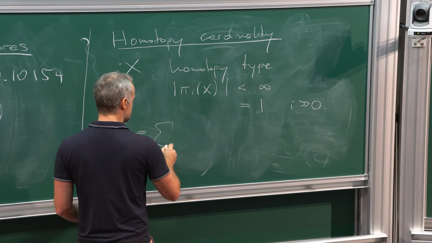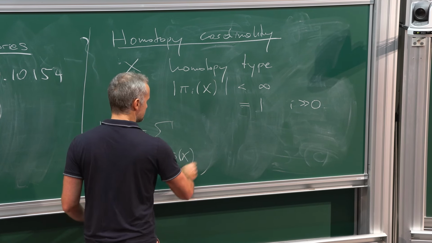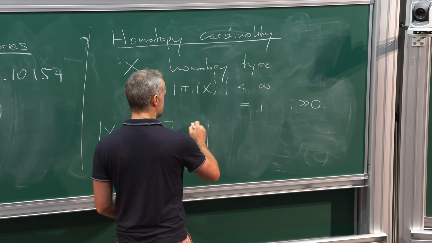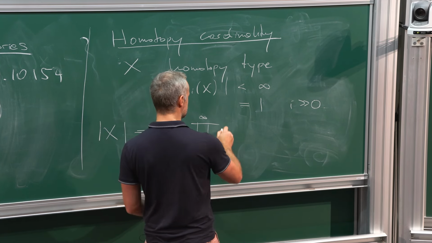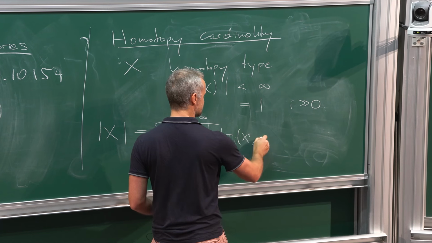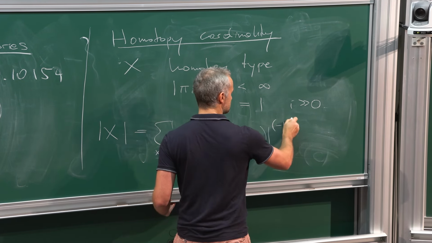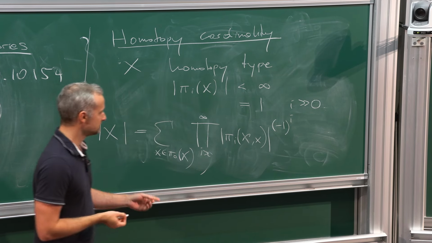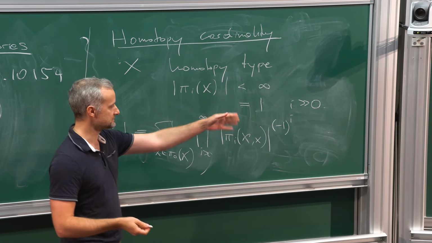where you take a weighted sum over connected components, and then you take an alternating product over the sizes of the homotopy groups pi i of X with respect to that base point. So it's divide by the size of pi 1, multiply by the size of pi 2, and so on.